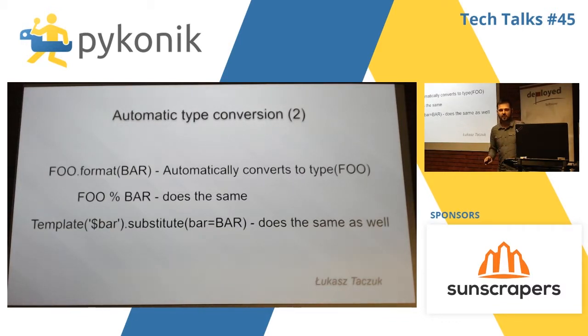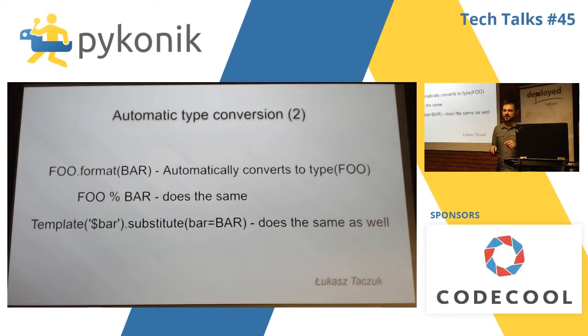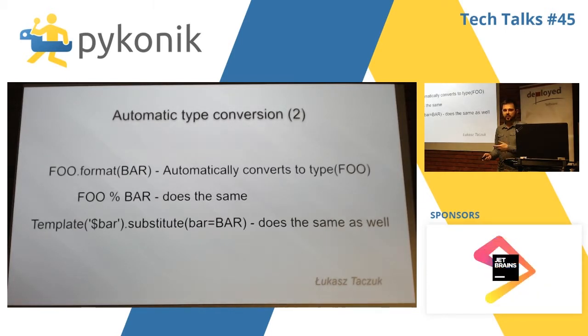So if foo is a byte string, bar will be converted to a byte string while calling the format method. If foo is a Unicode, then bar will be converted to Unicode as well, producing errors in the process. The same thing is with the percent formatting and the template formatting.